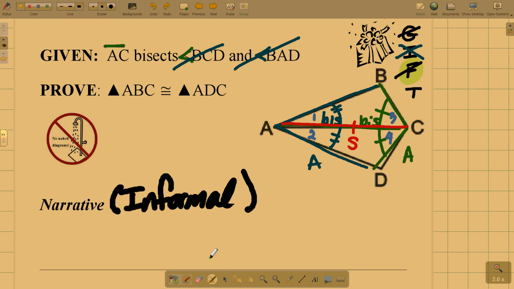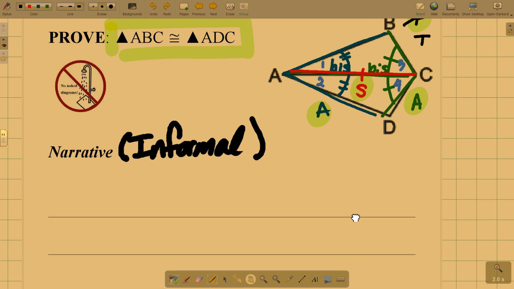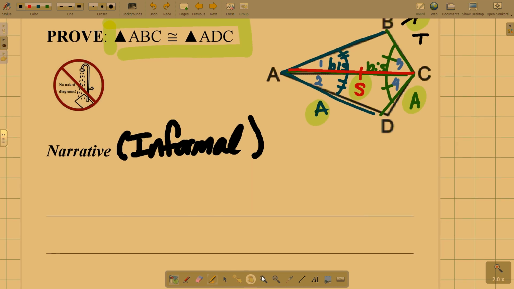Why are these triangles congruent? You can see already that it's going to be angle, side, angle. The easiest way to structure your writing here is through that shortcut. I will demonstrate.